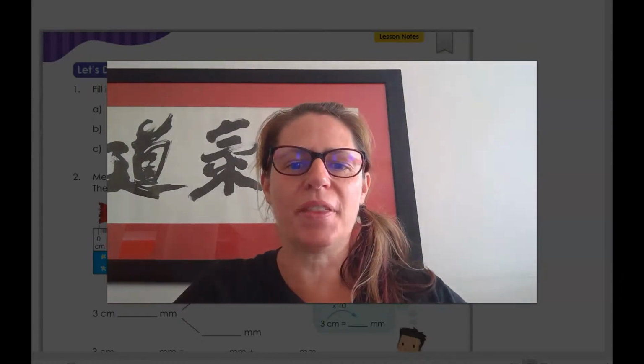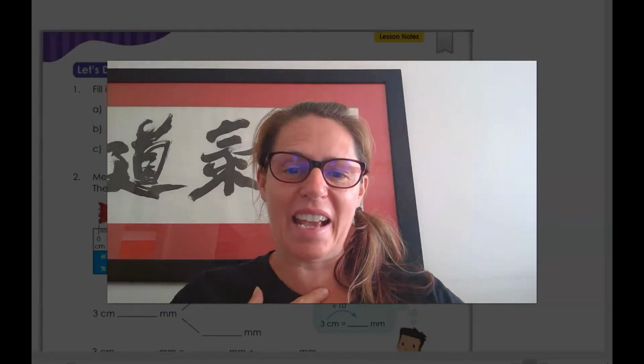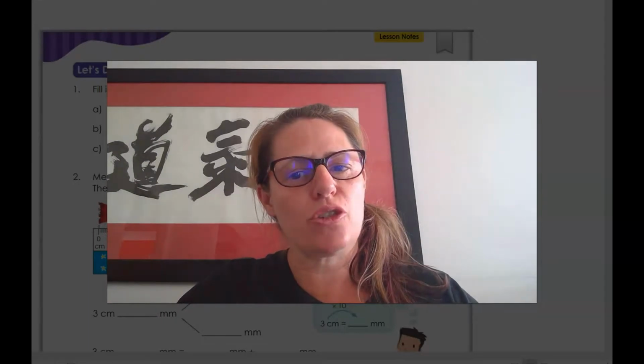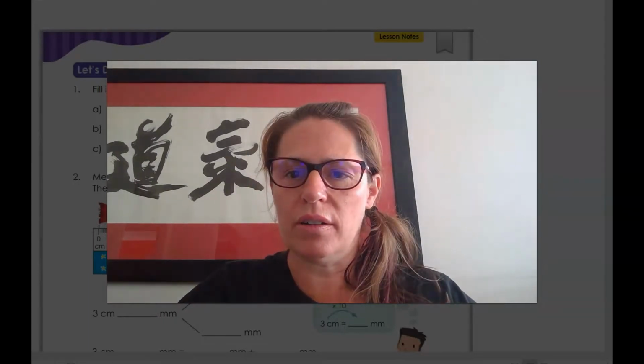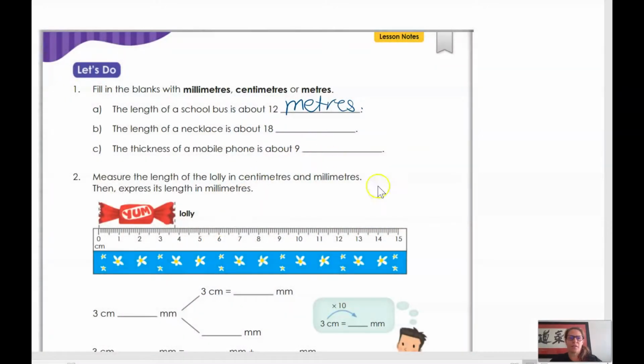So I'm thinking if I was going to wrap the length of that picture around my neck, it would be as long as me. So I think metres might be too long for a necklace. Would you agree? So let's say that the length of a necklace is about 18 centimetres.